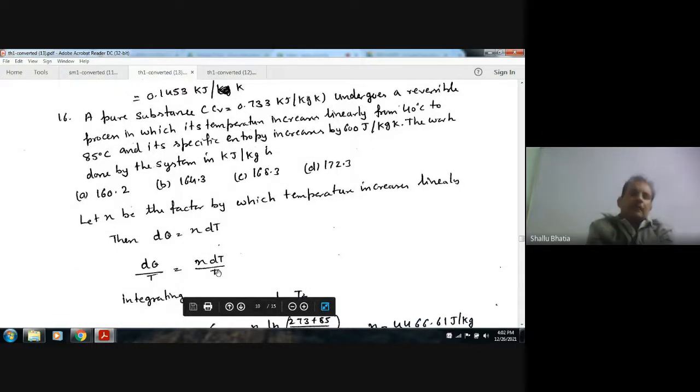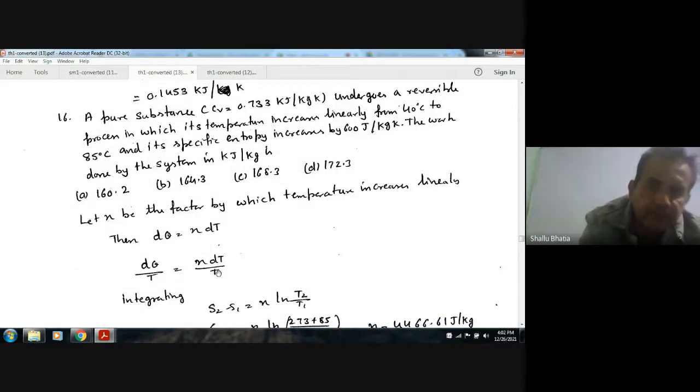Next: a pure substance with Cv equal to 0.733 kilojoule per kilogram Kelvin undergoes a reversible process in which its temperature increases linearly from 40 degrees Celsius to 85 degrees Celsius. Its specific entropy increases by 600 joules per kilogram per degree Kelvin.